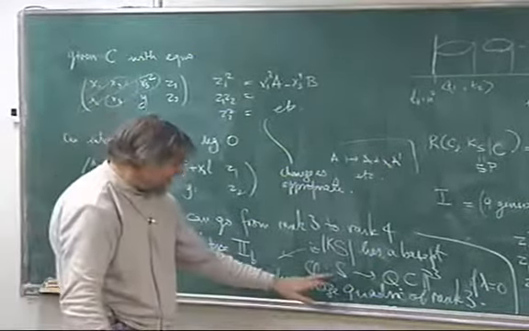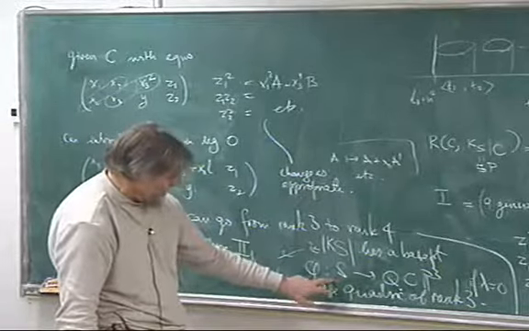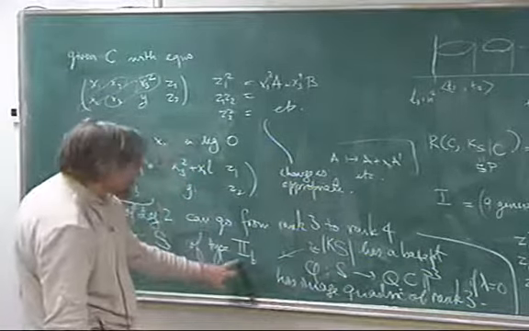Okay, and we get all the Horikawa surfaces in family 2b in this way.